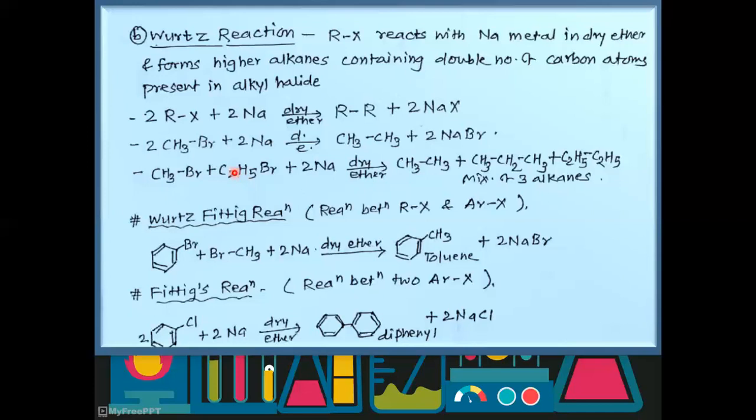And the cross product, CH3 bonded with C2H5, gives the other product. So a mixture of three alkanes is obtained: ethane, propane, and butane.